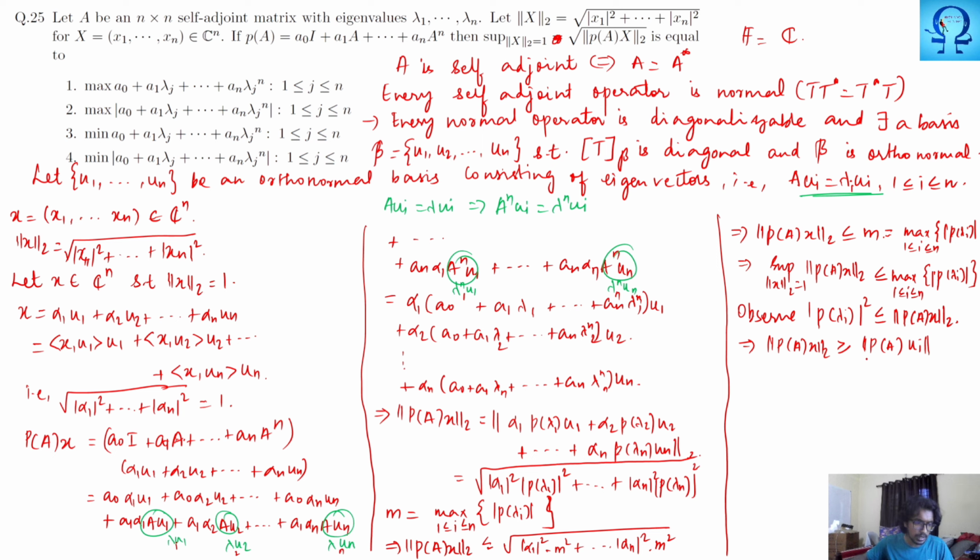So norm of this quantity is what? P of a ui may be written as p of lambda i ui, and this is nothing but absolute of p of lambda i into norm ui, and we are left with absolute of p of lambda i. Then take supremum norm x2 equals 1, this p of a x2 is bigger than or equals maximum of this p of lambda i, where i runs from 1 to n.